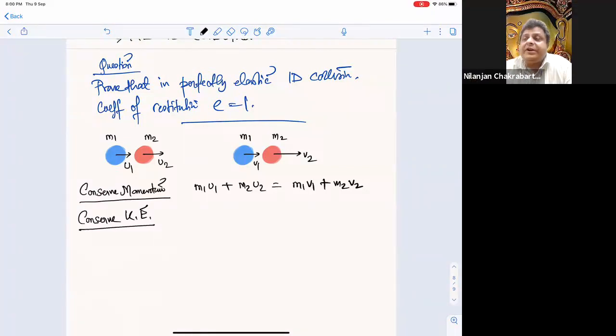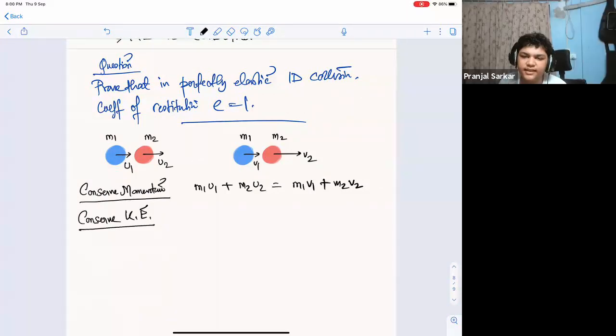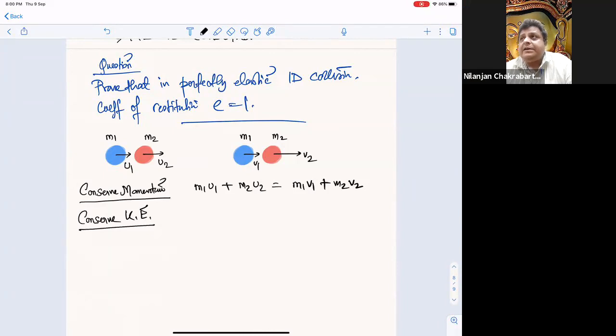Okay, so whenever shape is changed, it stores what? The shape changes, that means it stores potential energy. Now we have studied, if you stretch a spring, it stores potential energy. So for the bodies, there is a loss in kinetic energy. If you compress a spring, then what happens? It stores potential energy.